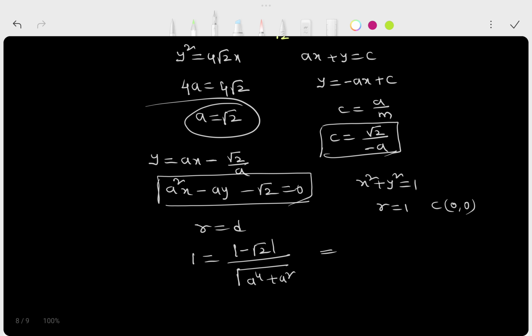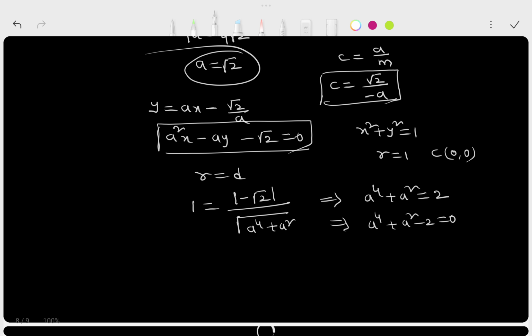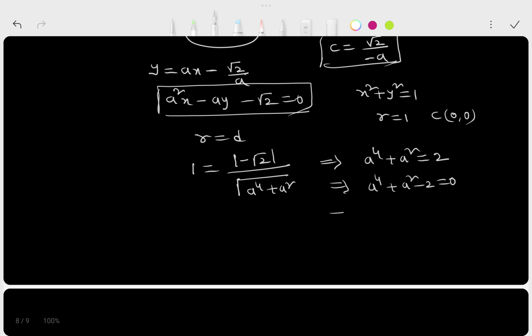So now you cross multiply and do the squaring. a to the power of 4 plus a square is equal to 2. This one you can write as a to the power of 4 plus a square minus 2 is equal to 0. This one we can resolve into factors. See, this you can write as a square plus 2 into a square minus 1 is equal to 0.